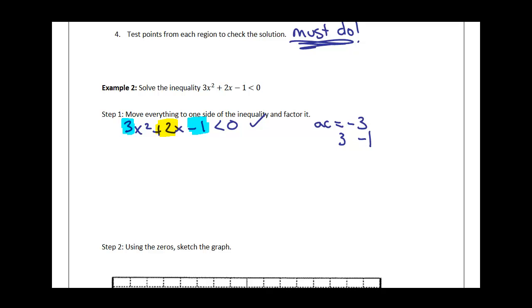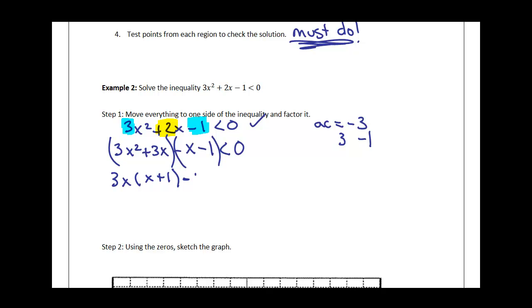So we need to rewrite our equation. This is a bit of a review from Unit 3. We have 3x squared plus 3x minus x minus 1 less than 0. Now going ahead and splitting up our equation to find common factors, we have a 3x here, leaving us with x plus 1.